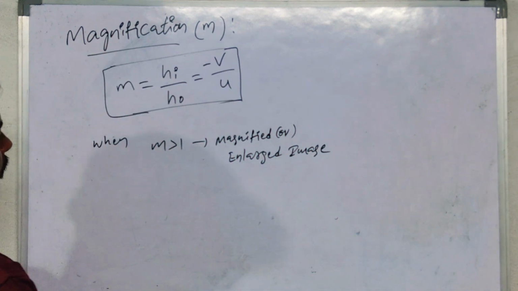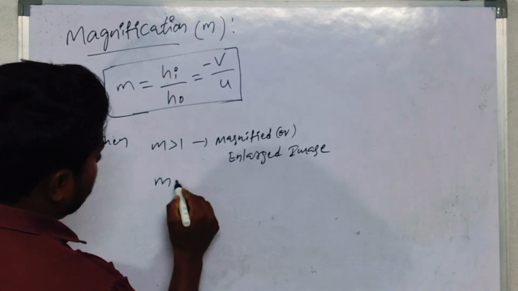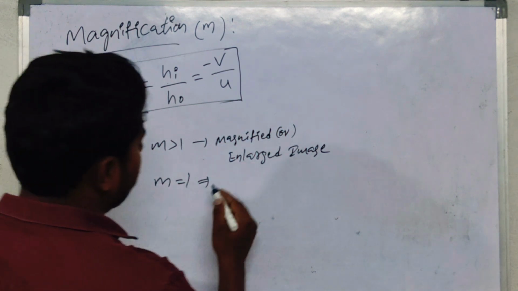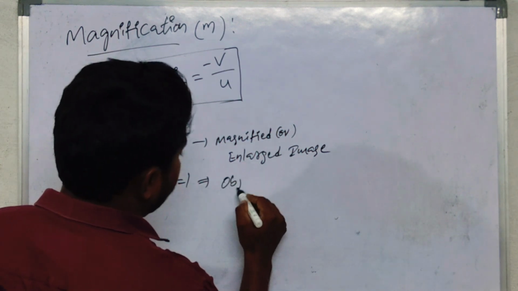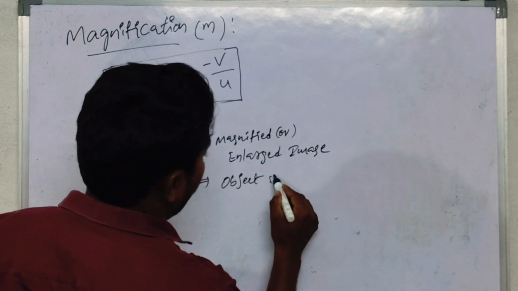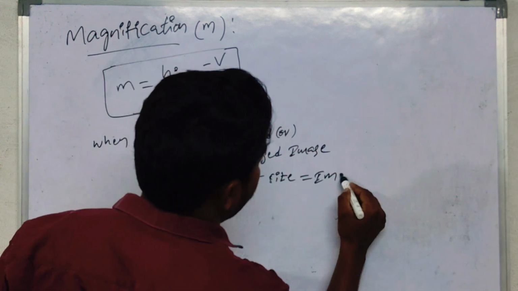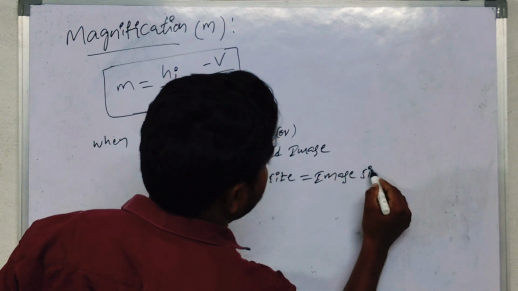When m equals 1, then object size equals image size.